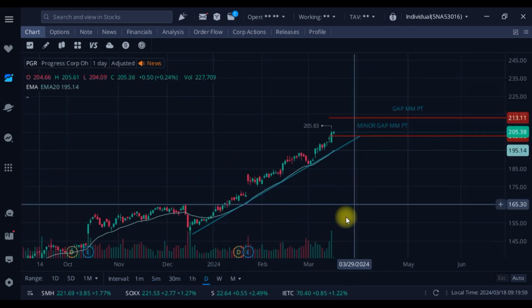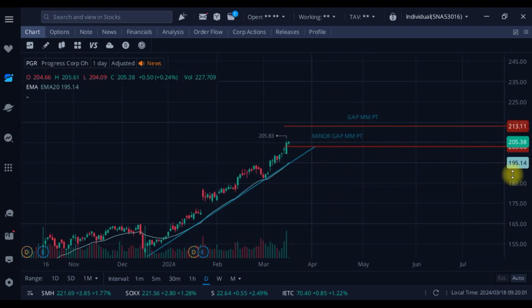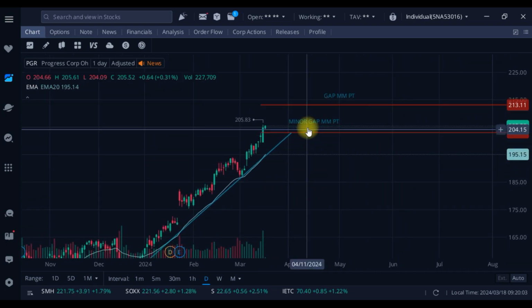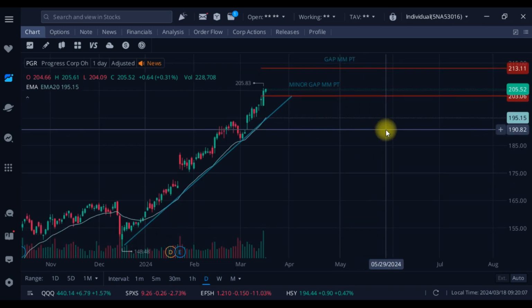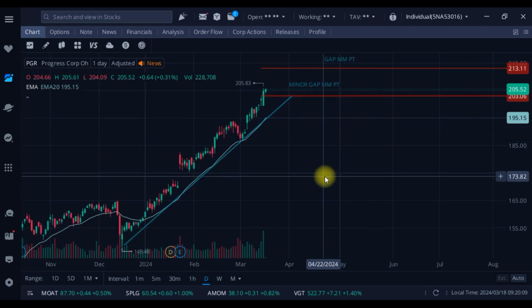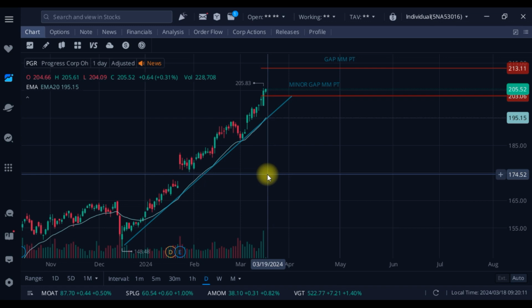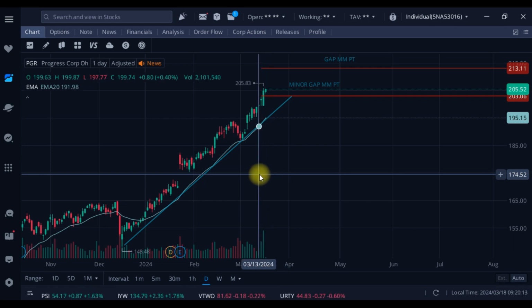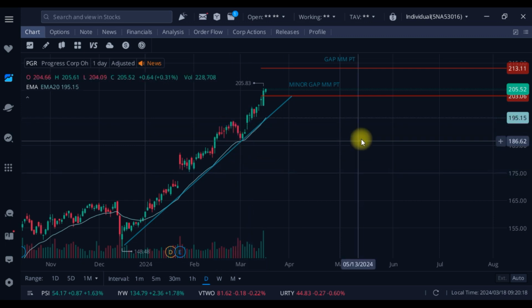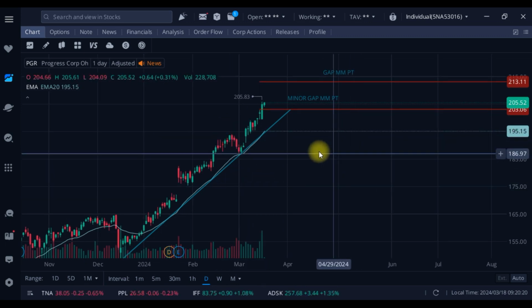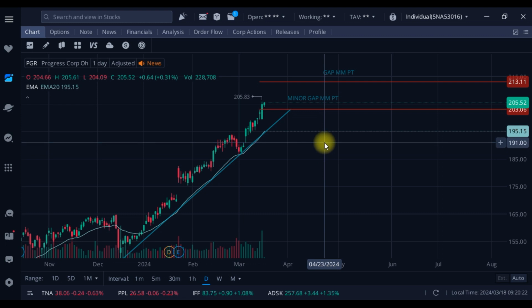Now I do have these red lines here: minor measured move gap, major measured move gap. I think the major, if I remember correctly, is based off of this gap. So between this gap and this high is the major, I believe, and the minor. I'm not sure what the minor is.